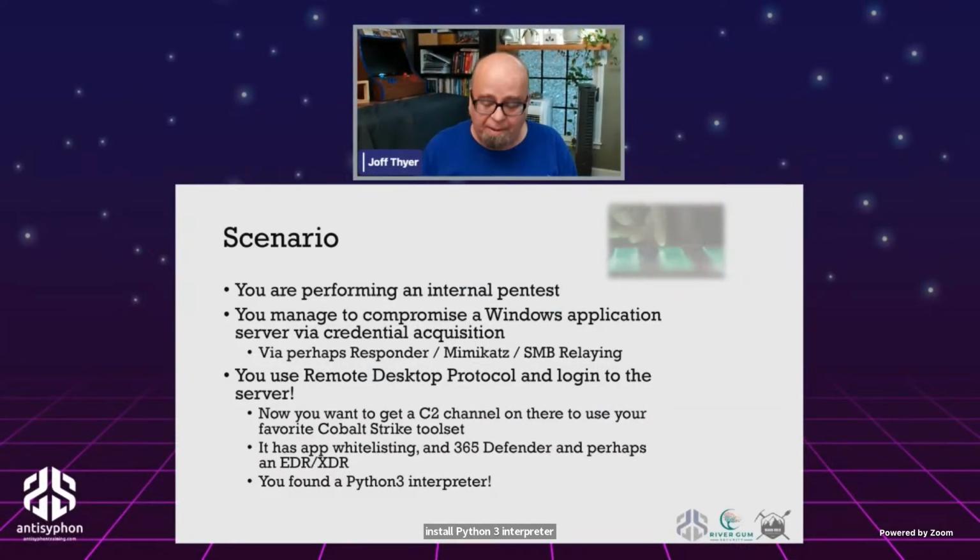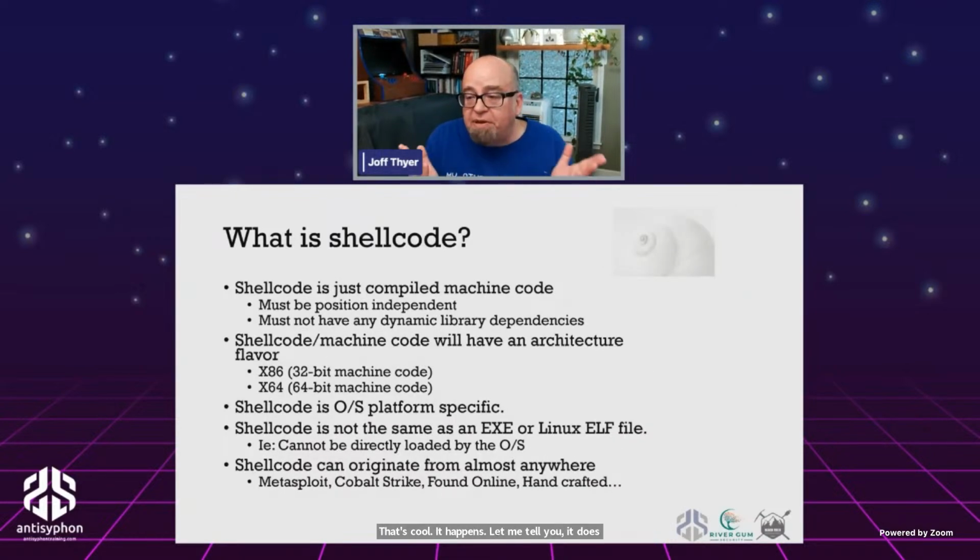That's cool. It happens. Let me tell you, it does happen. So it would be nice to use that Python interpreter to get some shellcode into memory, such as your Cobalt Strike shellcode or whatever other framework of choice, and get it running so that you can establish your C2 channel.